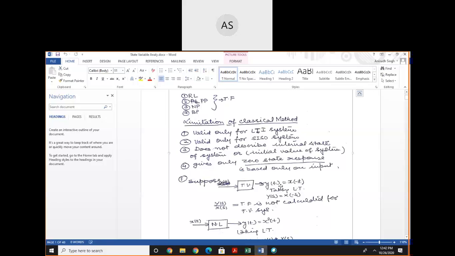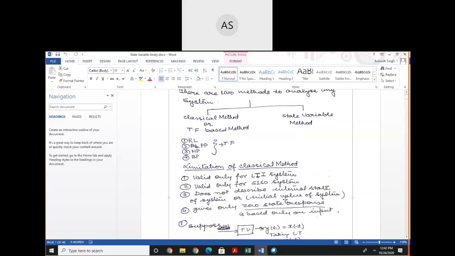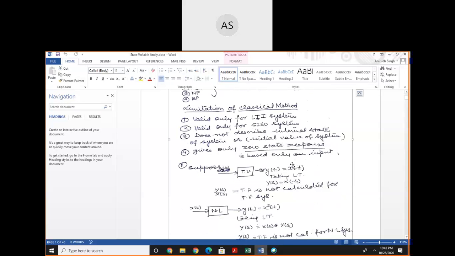If we take Laplace transform of both sides, then we get Y of s is equal to X of minus s, and we cannot get Y of s divided by X of s, the transfer function. So for the time variant system, since we cannot calculate the transfer function, the classical method or transfer function method is not able to analyze time variant systems.